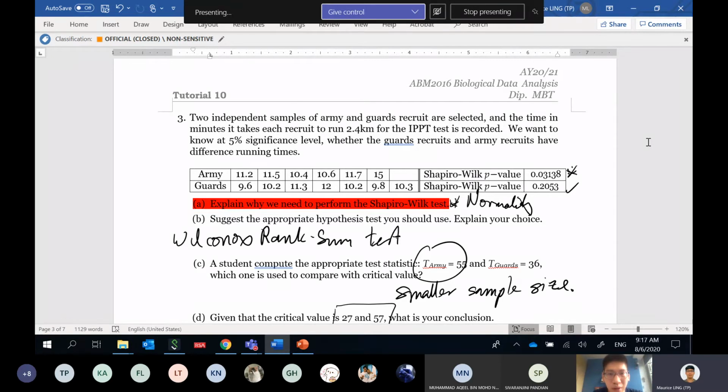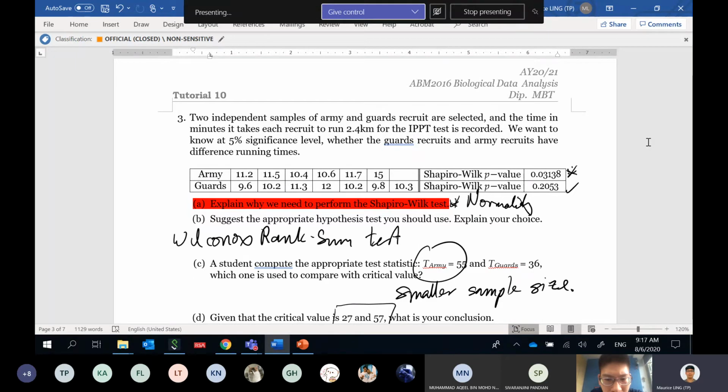Which also means that in working life, there will be some people that don't bother about the t-test. They just use the Wilcoxon rank sum test. That means there are certain people who use the non-parametric test only.